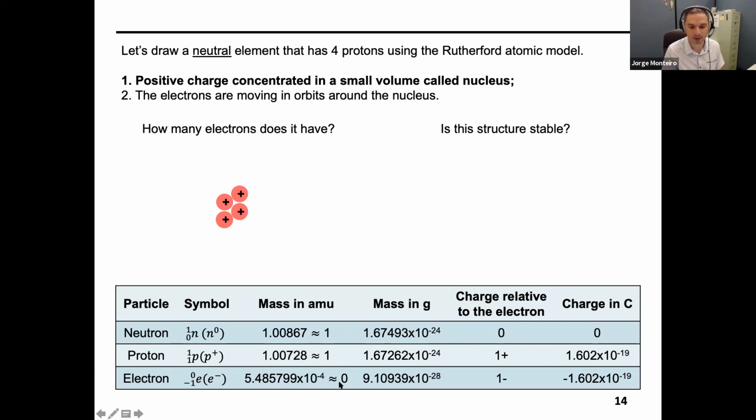We consider mass 0 and charge 1 minus. Most of the mass of an element is the sum of the number of neutrons and protons, and it is heavily concentrated in the nucleus.